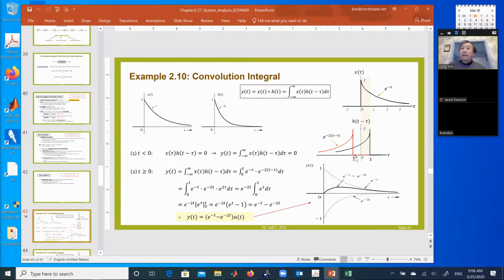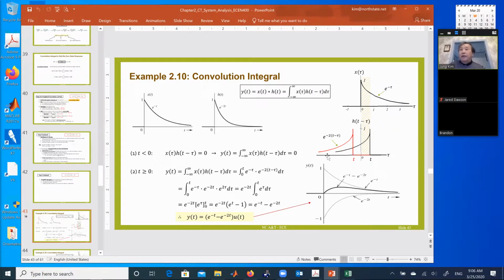And then if t is less than zero, there's no overlap between x of tau and h of t minus tau. No overlap means the multiplication is zero, and the integration result must be zero. So this is zero.